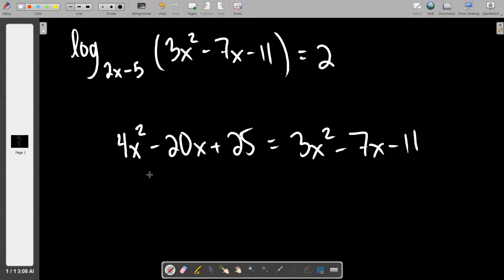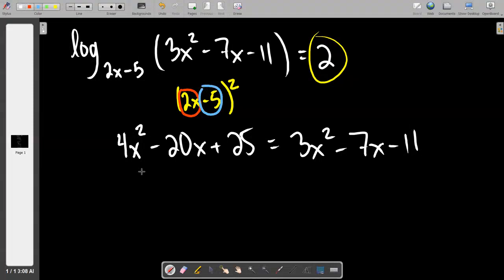Where I got the 4x squared minus 20x plus 25, I'll write it in yellow, right here in the center, was I did 2x minus 5, and I raised it to the power of 2. And then I used that shortcut we learned about 7 or 8 minutes ago: square, square, multiply, double. So let's just think of them as red guy, blue guy. Here's red guy. Here's blue guy.